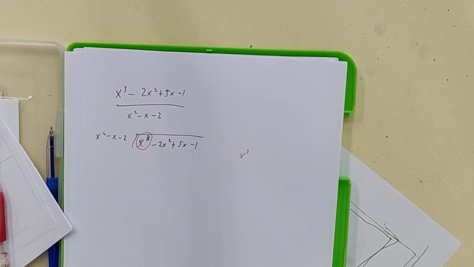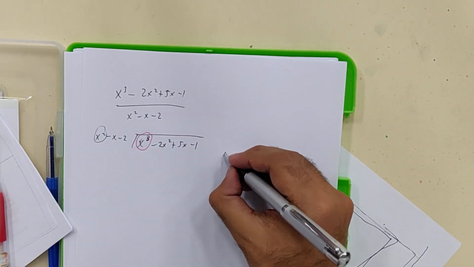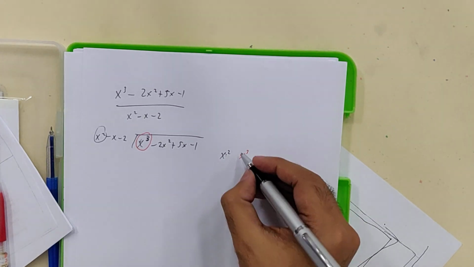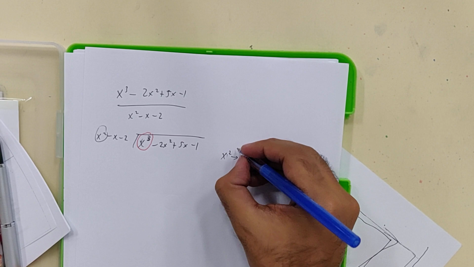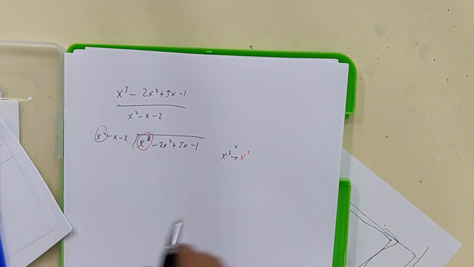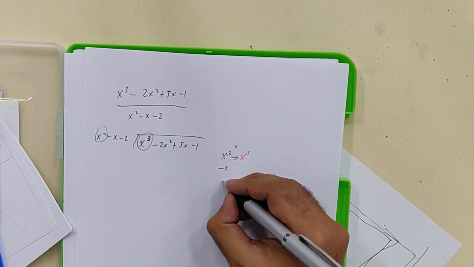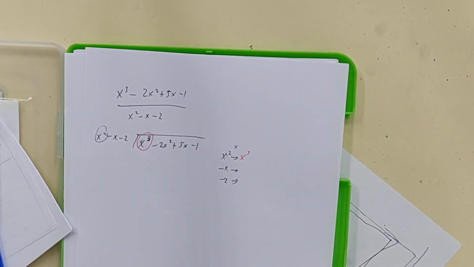What multiplies what? Come here, this one first. So x squared. How does x squared become x cubed? You multiply by x, okay? Do we stop there? There are others, minus x, minus 2, so you need to multiply with the x as well.